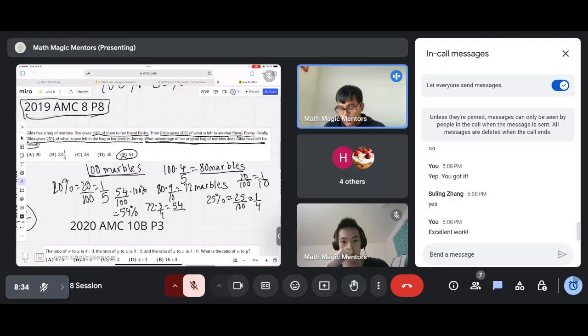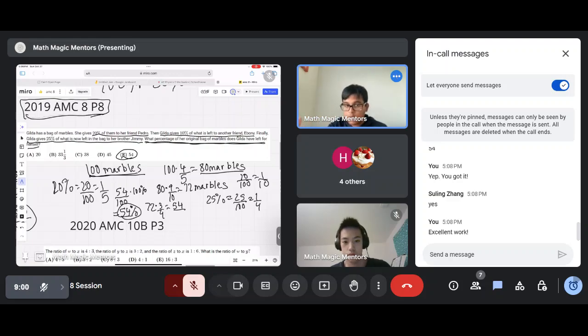As you saw in this problem, 100 is a very good number to work with if you're working with percents. If you work with 100, usually everything works out, this process is way faster, and will usually give you accurate results. So I highly recommend this method if you're working through this problem on the AMC or similar problems.